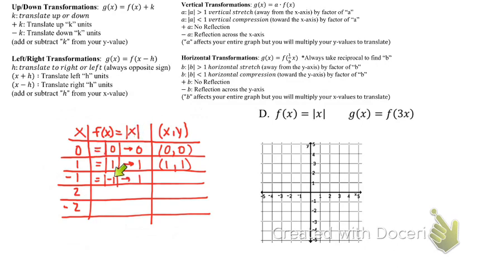Basically, the absolute value just gets rid of the negative sign. It turns everything to a positive, if that makes sense. So we have -1, 1. The absolute value of 2 is just 2. So it's 2, 2. And then the absolute value of -2 is 2, and we get -2, 2.